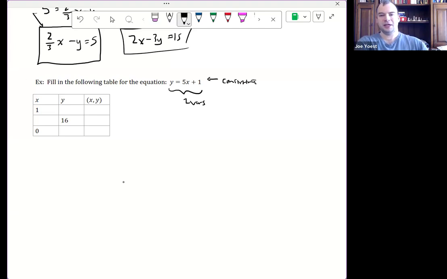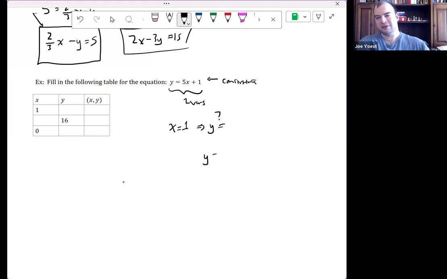So for instance, if I say in this relationship, y equals 5x plus 1, if I were to choose x to be 1, I've used up all of my free choices. Now y should be set in stone. What will y be?